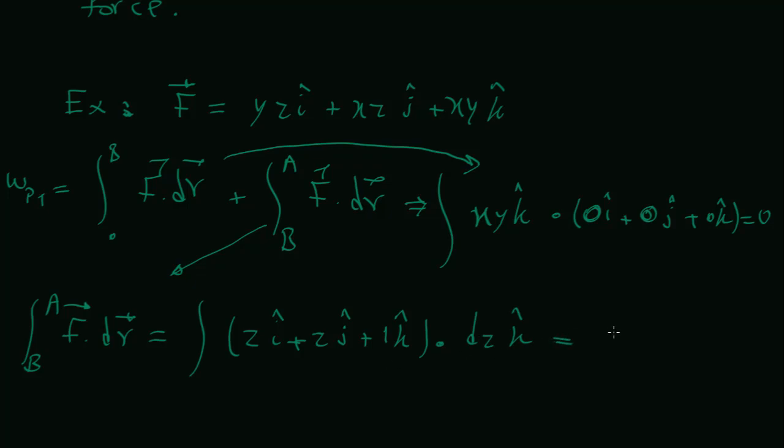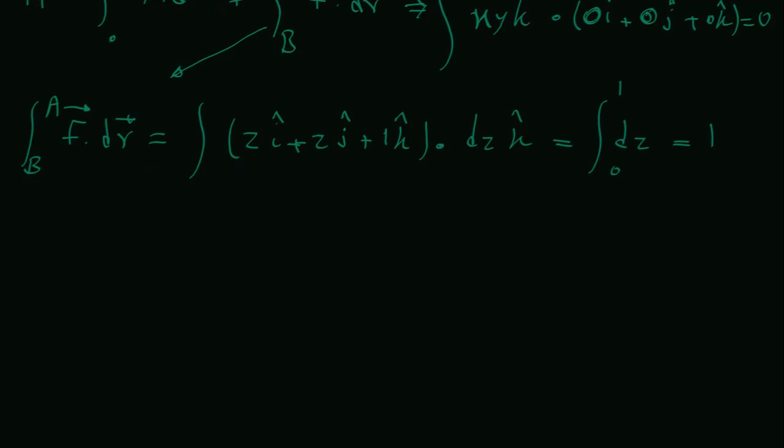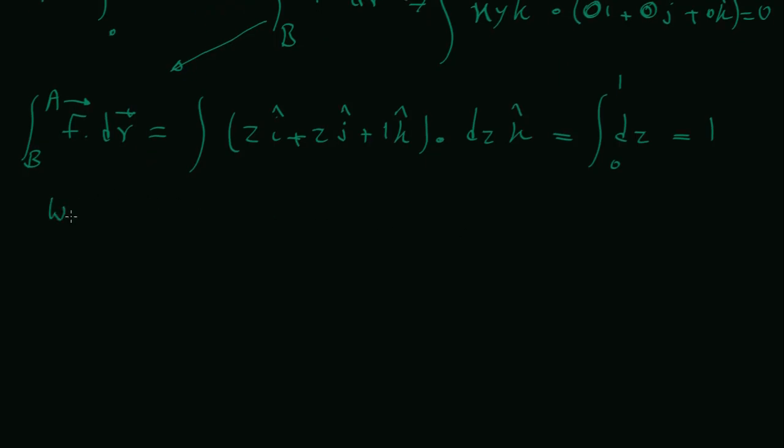So this is equal to 1 times dz, from 0 to 1. This is going to be 1. So the work on path 1 is equal to 0 plus 1, which is 1. So W on path 1 is equal to 1.